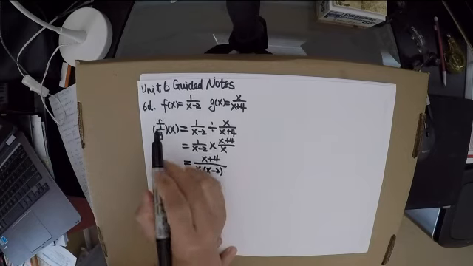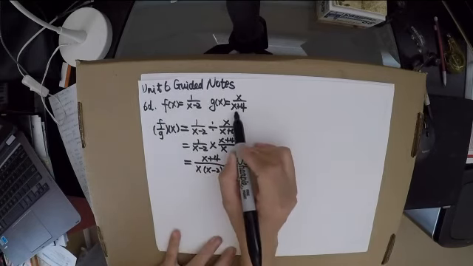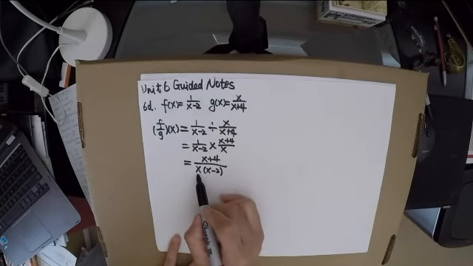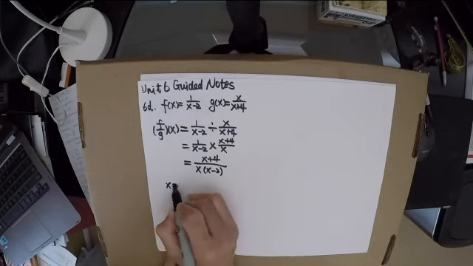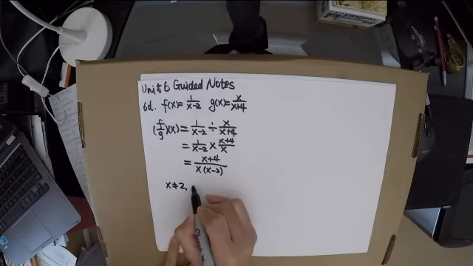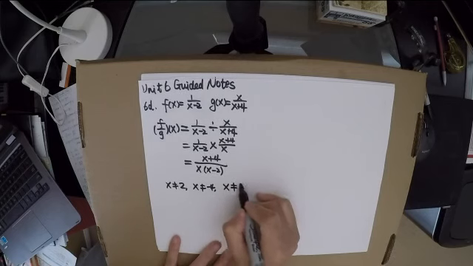So we know that the domain of f is x not equal to 2, the domain of g(x) is x not equal to negative 4, and here x shouldn't be 0 as well. So overall the domain is x not equal to 2, x not equal to negative 4, x not equal to 0.